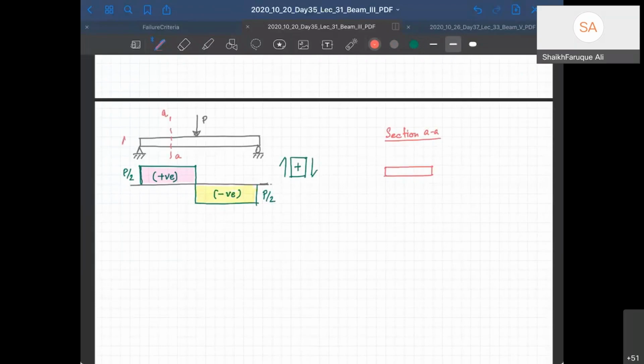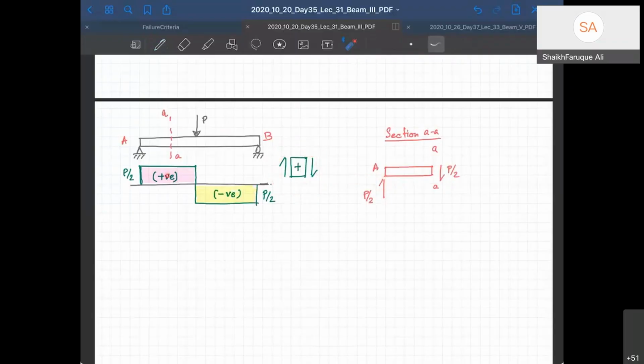Let's say this is my A point, this is my B point. So this is AA section. So you have here P by 2 and therefore this side it will be P by 2, right? So this acts as a positive shear. So I write it as positive. This is my sign convention.